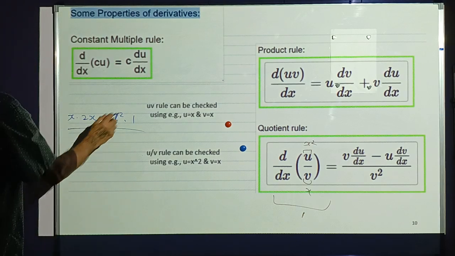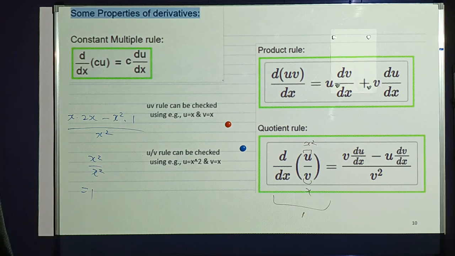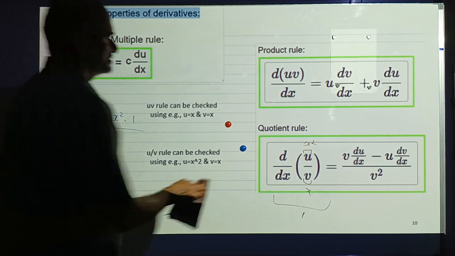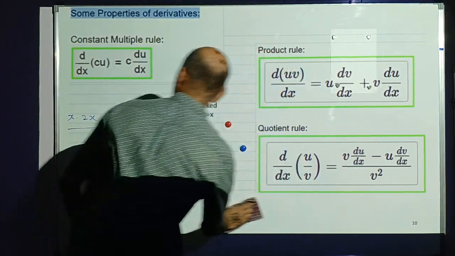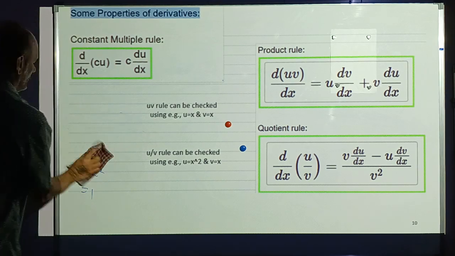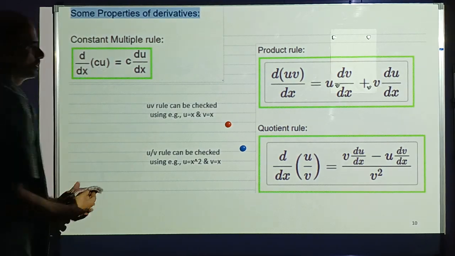So it is 2x squared minus x squared by x squared, which is 1. So this rule is checked for this simple example, and we get the feeling that this rule is correct. This rule is also called the UV rule and the U by V rule.